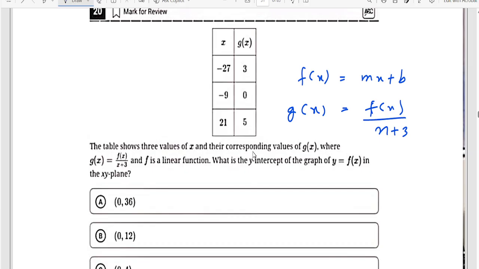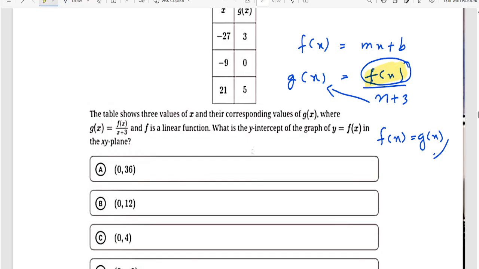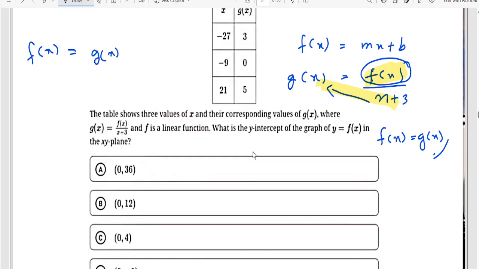Now from here, if I find f(x), I will just multiply these two, right? So f(x) would be g(x) times x plus 3. I'm going to write this side. f(x) equals g(x) times x plus 3, right? This is what I have.